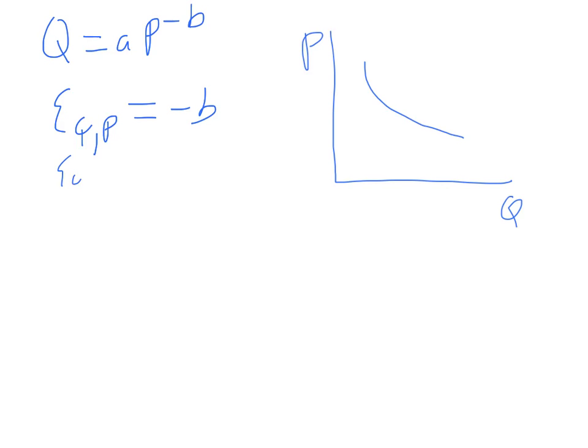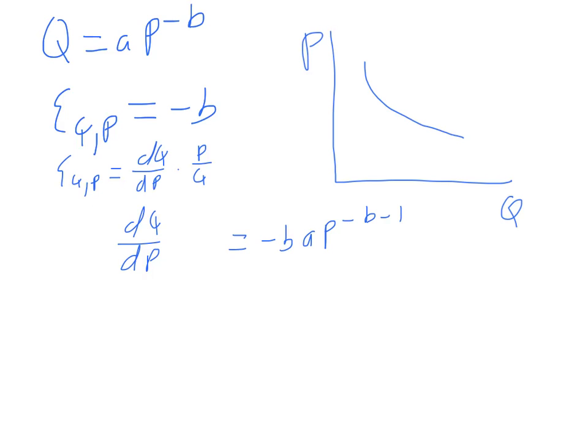The elasticity of demand is equal to dQ/dP times P over Q. So the slope coefficient dQ/dP is equal to negative b times a P to the negative b minus 1.